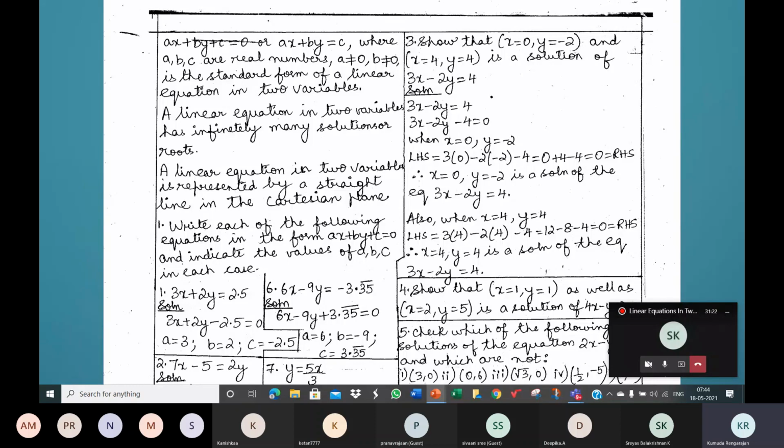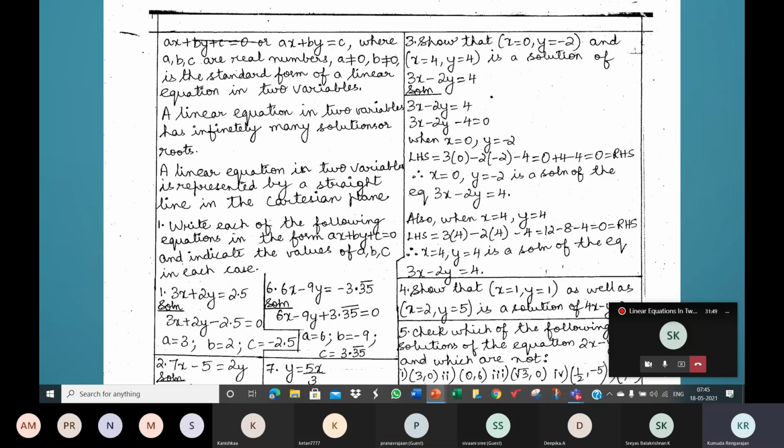So ax plus by plus c is equal to 0 is the standard form of a linear equation in two variables x and y. Condition: a and b should not be both 0 at the same time. When a is 0, b should not be 0. When b is 0, a should not be 0.